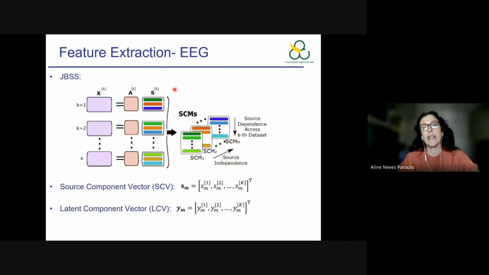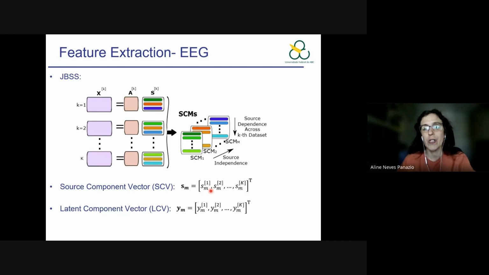So in IVA, we still want to recover independent signals within a data set, but we consider that there can be correlation between different data sets. So here, for example, the first source of the first data set is correlated to the first source of the second data set and correlated to the first source of the third data set and so on. So we can define a source component vector choosing one source from all data sets.